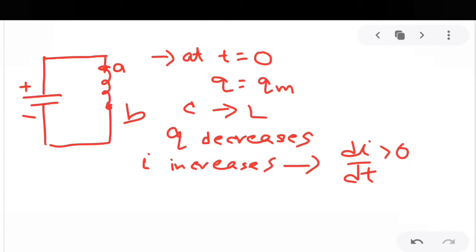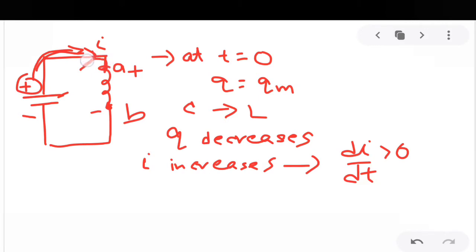Now here, this charge starts flowing in this direction. This is the positive plate, so this is the direction of flow of current, the current is flowing like this. So terminal A will acquire a high potential and terminal B will have a low potential.